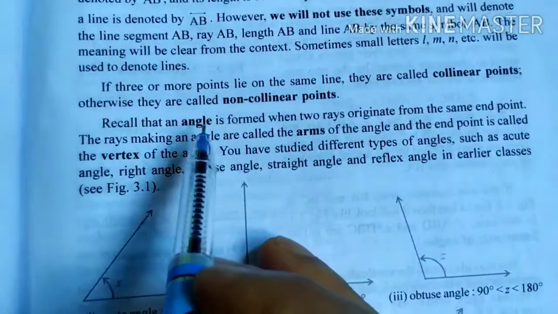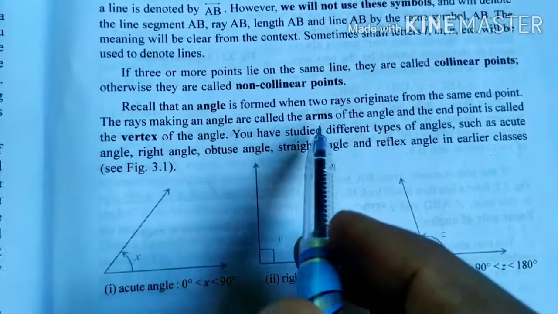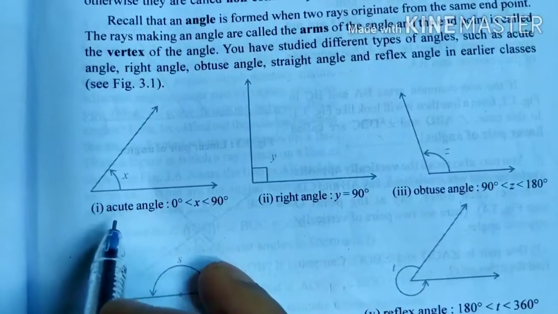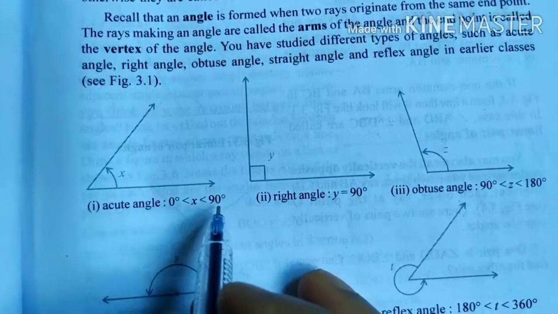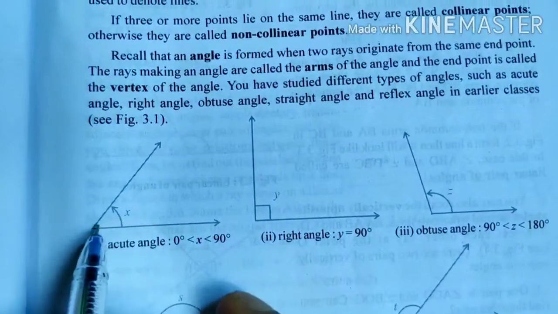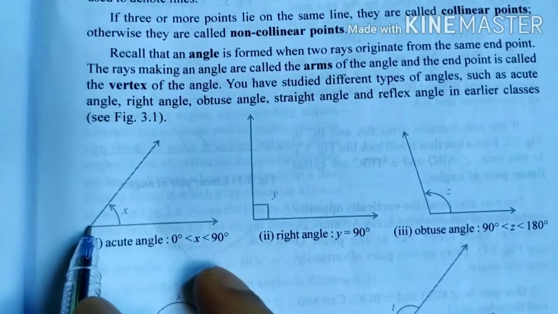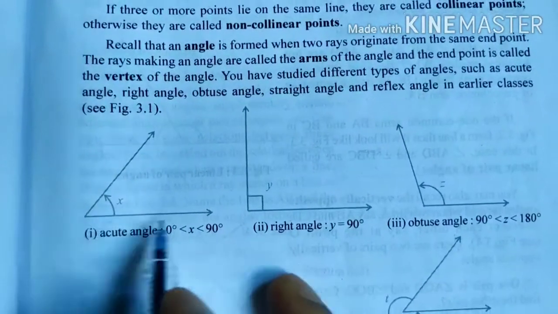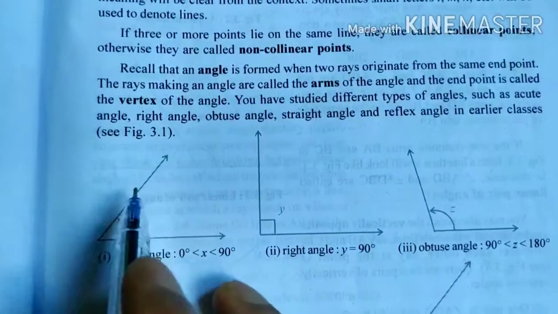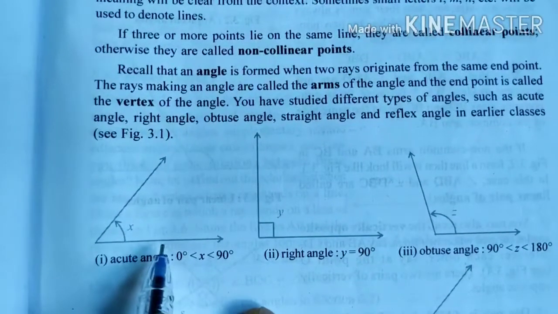And we will learn about angle, vertex and arms. In an angle, the point of intersection of two arms, two lines, is called the vertex, and these two lines are called arms of an angle.